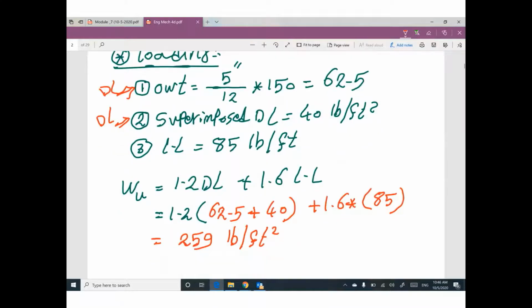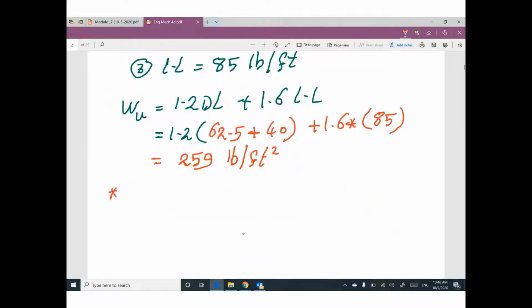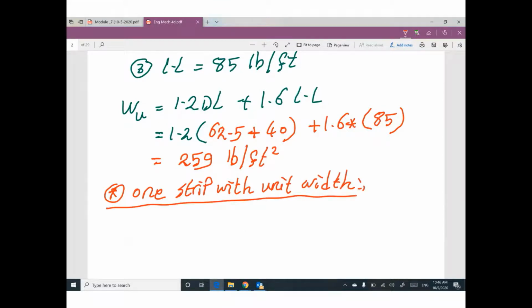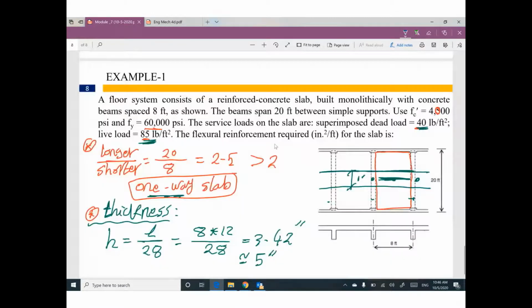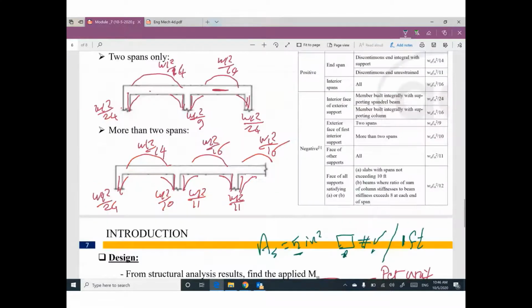Then I'm gonna assume one strip with unit width. So can you tell me, if you take a strip in this slab, your strip will be simply supported? Will be two span only? Or I don't know, it's continuous.